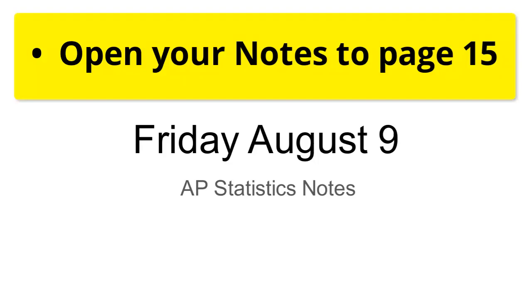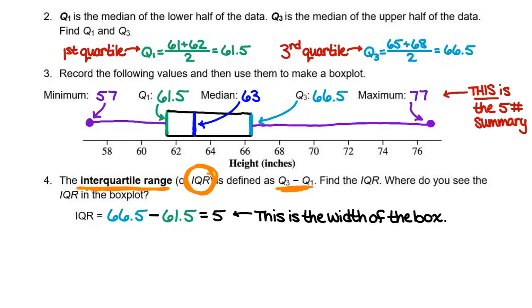Okay, we left off right at the bottom of this page, right? We had just talked about what the IQR represents from the box plot. It is the width of the box. So now we are going to learn how to calculate whether or not something is an outlier.